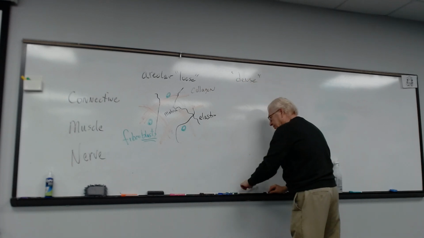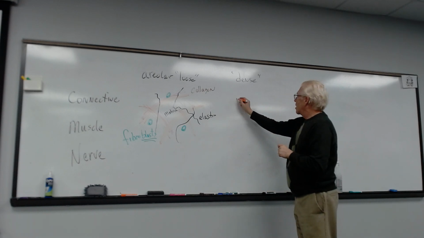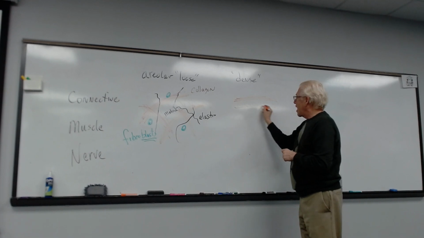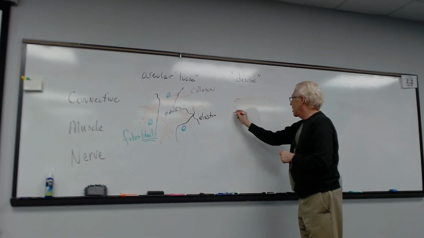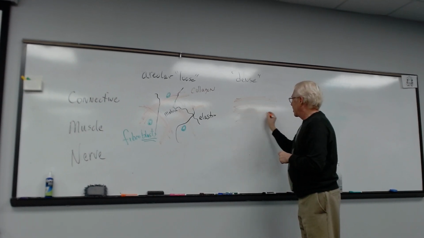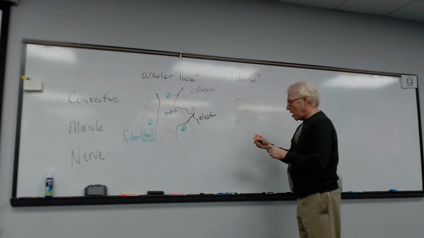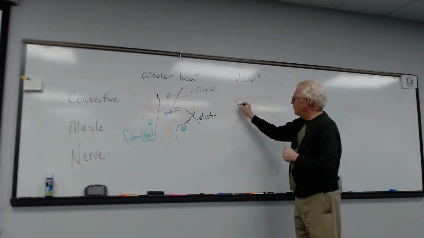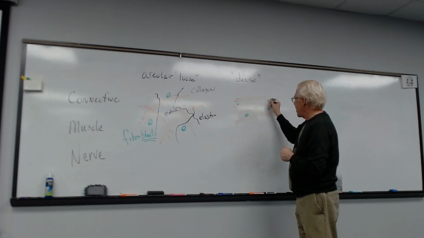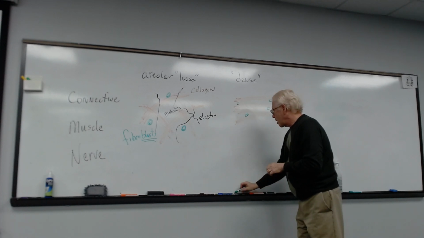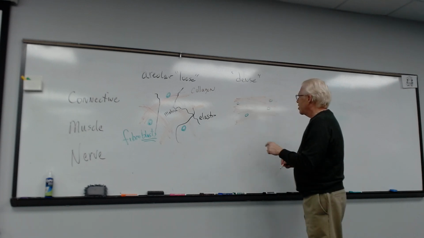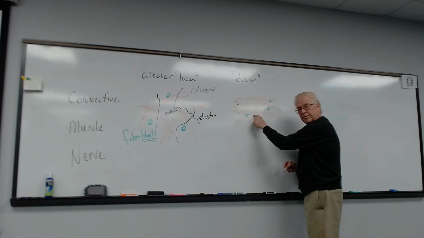We're going to have the exact same collagen fibers. You're going to have a few fibroblast cells because they made it. But because of them being so thick, do you see a lot of matrix in between?